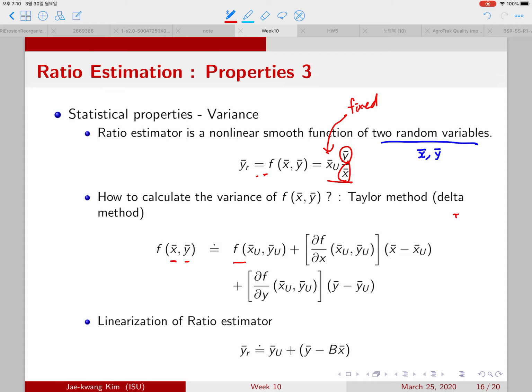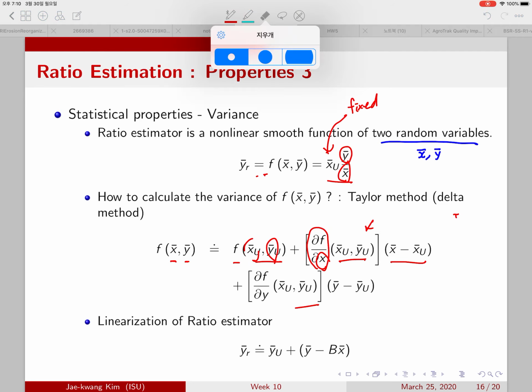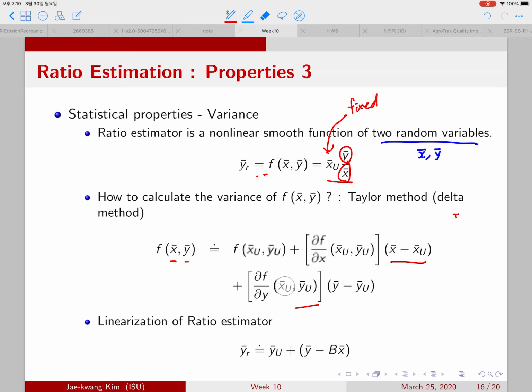So the first term is to plug in the mean, and then take the partial derivative with respect to the first component, which is x, and then evaluate it, and this is kind of a tangent, right? With respect to x, and then the other one is the tangent with respect to the second component, which is y. So this is the general formula, and then the question is how to do this linearization.